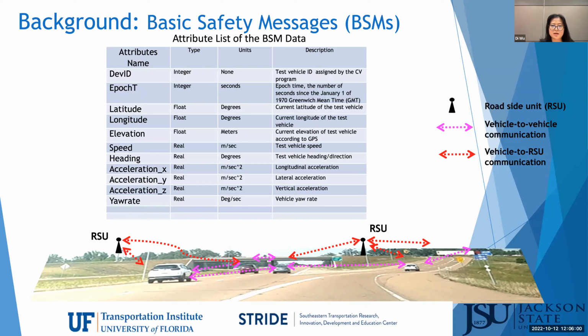The table here is the content of each BSM. The table lists the major attributes, including time steps, latitude, longitude, elevation, speed, acceleration, accelerations in X, Y, Z axes, and the BSMs are generated at a frequency of 10 BSMs per second for each vehicle. Next slide, please.